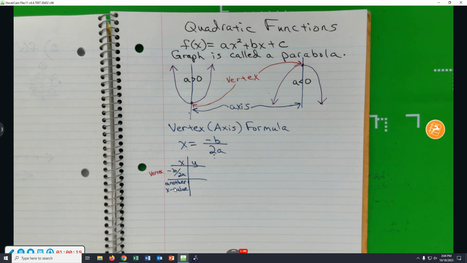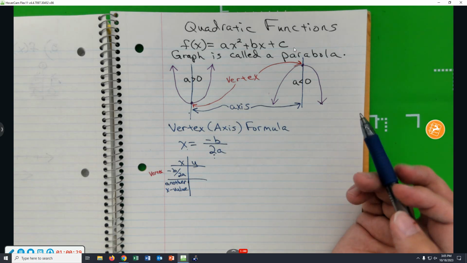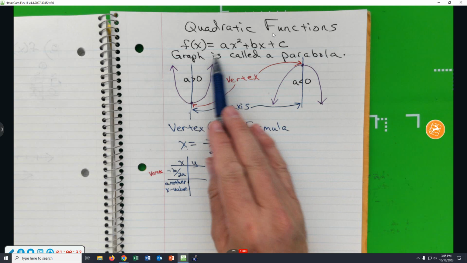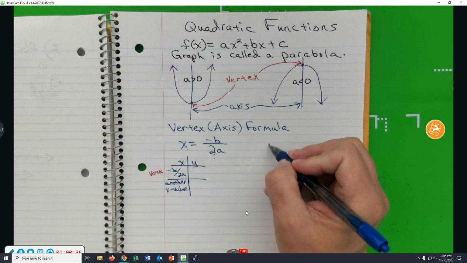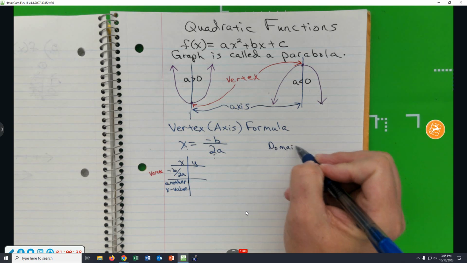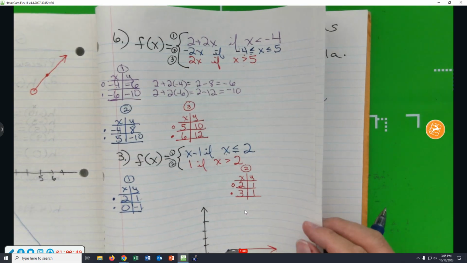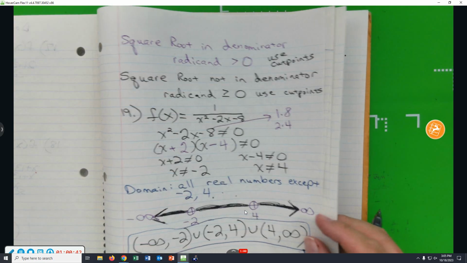And they're going to ask for the domain and range. Well, we know the domain of a quadratic function. The domain of a quadratic function, there's no fractions, no square roots. What do we assume the domain is? One of those things you mentioned right at the beginning. Okay, hold on.